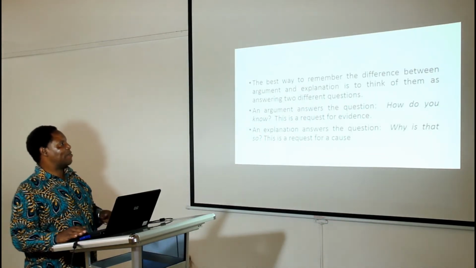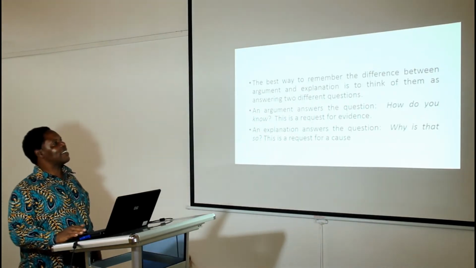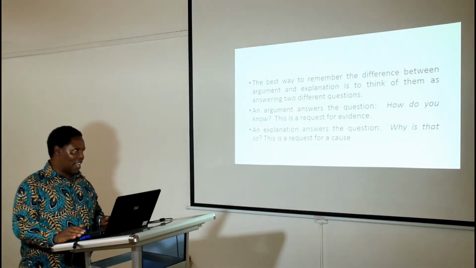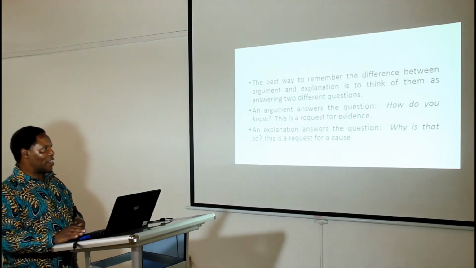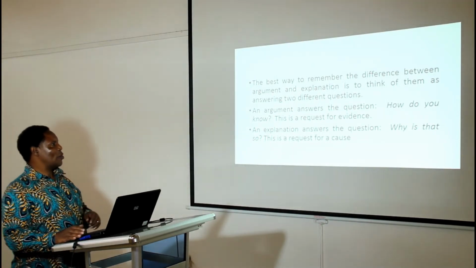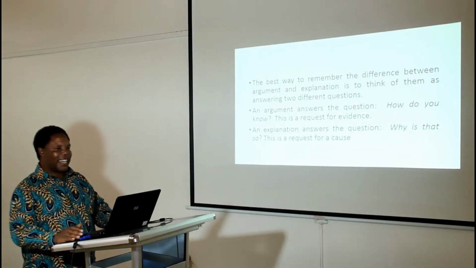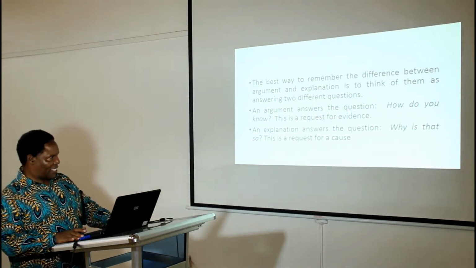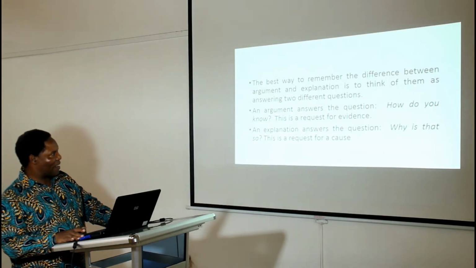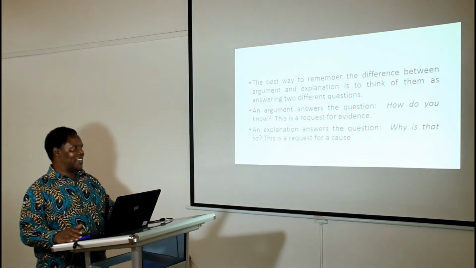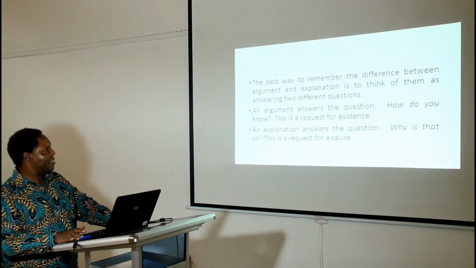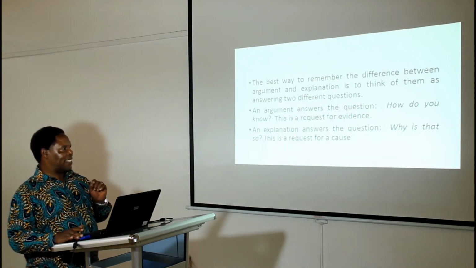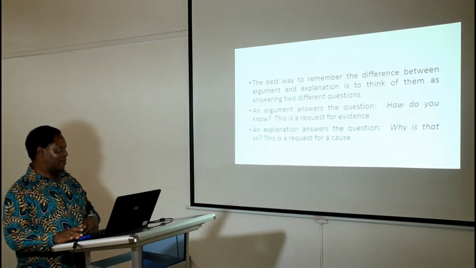The best way to remember the difference between an argument and explanation is to think of them as if you are answering two different questions. Question number one, for an argument: how do you know?